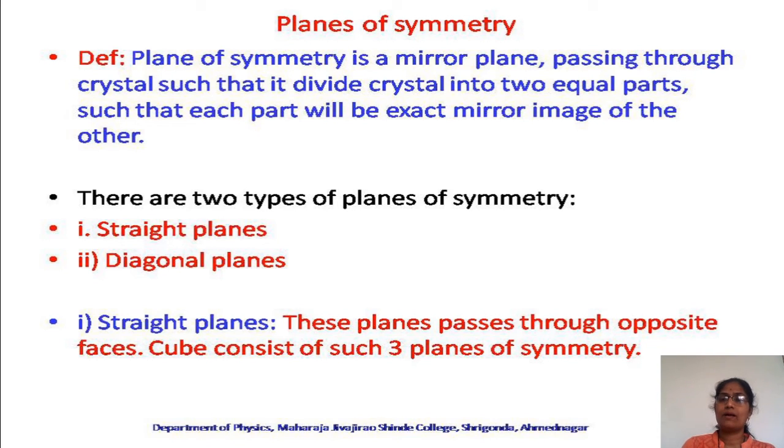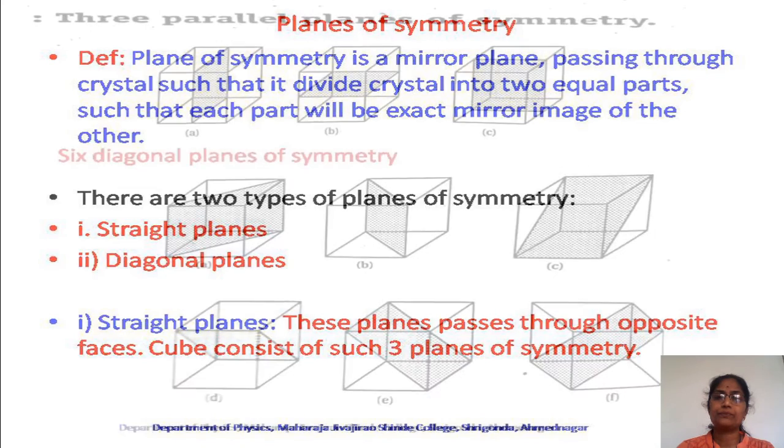Straight planes are passing through opposite faces. There are 6 faces present in a cube. Therefore, the quantity of straight planes will come out as 3. Therefore, the cube has such 3 straight planes of symmetry.